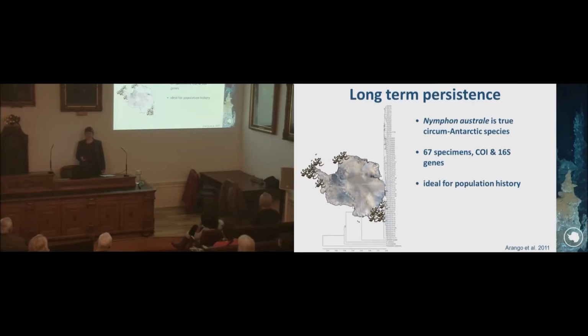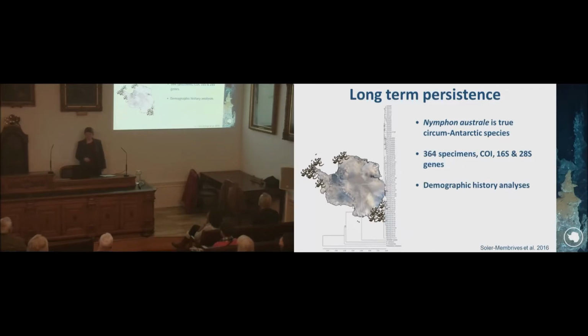In the initial study, my colleague Claudia Arango had 67 specimens that she looked at for the barcoding genes 16S and CO1, and realized Nymphon australe is actually a real circumantarctic species, despite being a brooding species. So how do they get around? How did they do that? And was it just those 67 specimens she had?